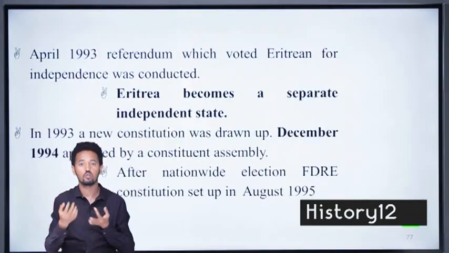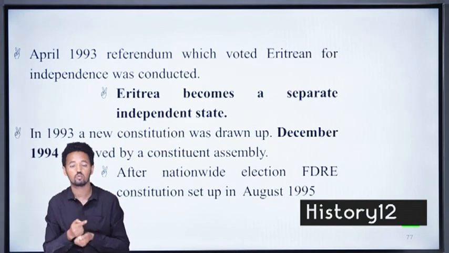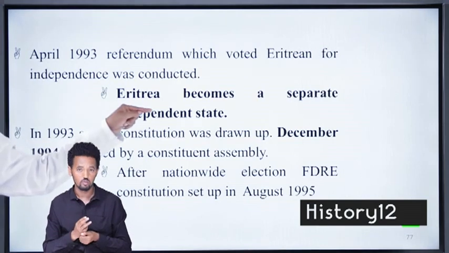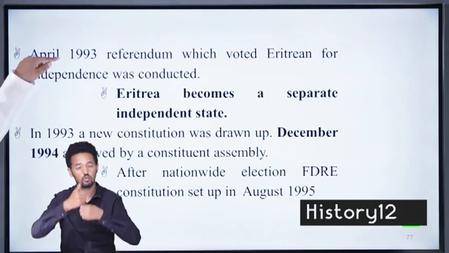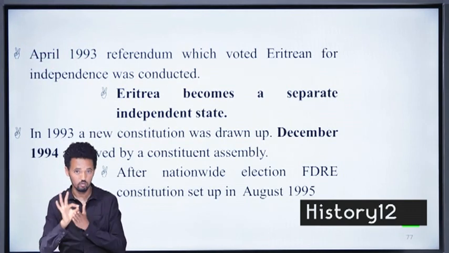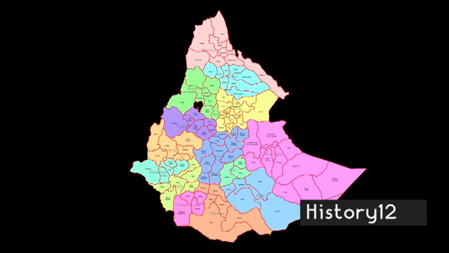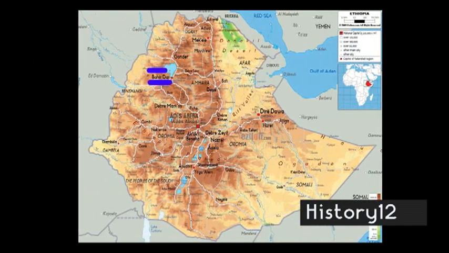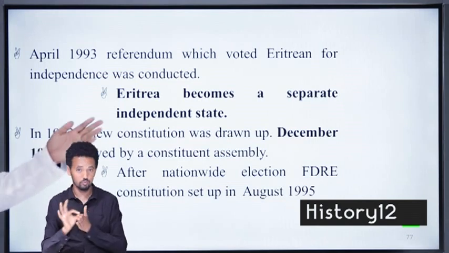In April 1993, a referendum in which Eritrea voted for independence was conducted. Then Eritrea became a separate independent state in April 1993, Ethiopian calendar 1985. In 1993, a new constitution was drawn up.